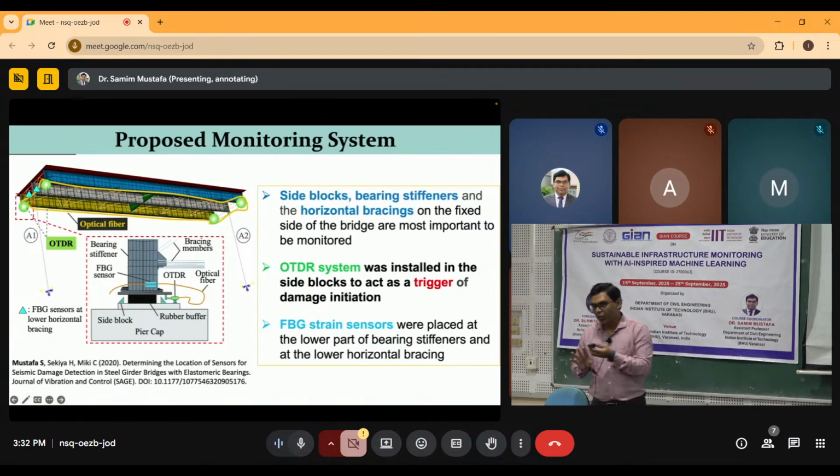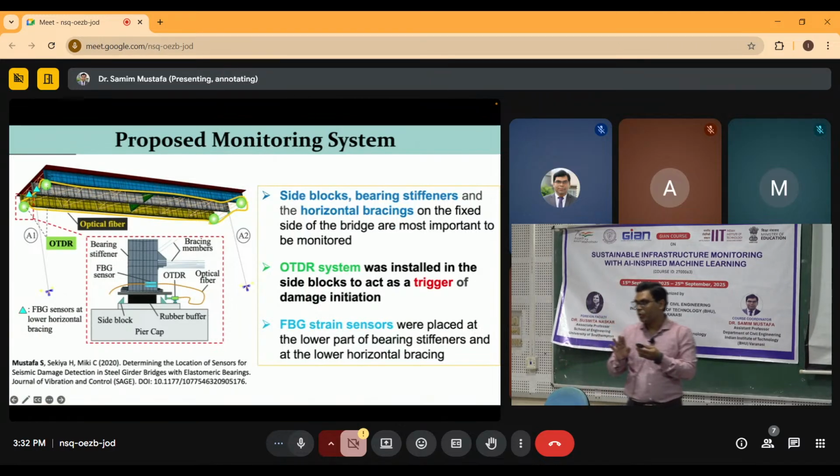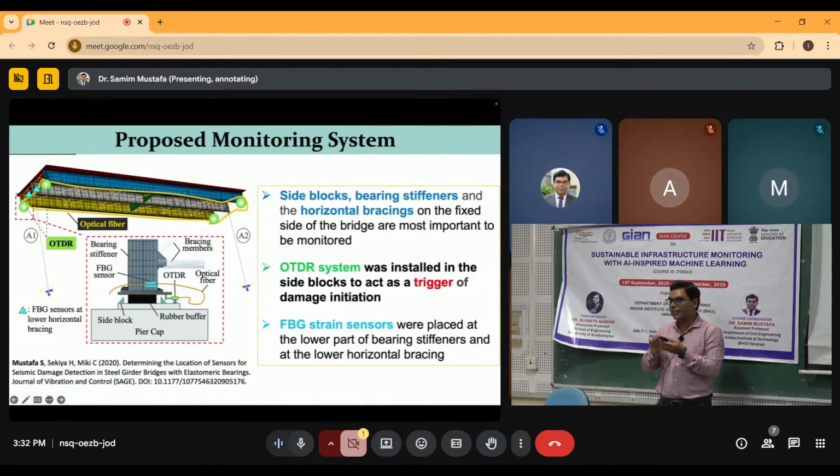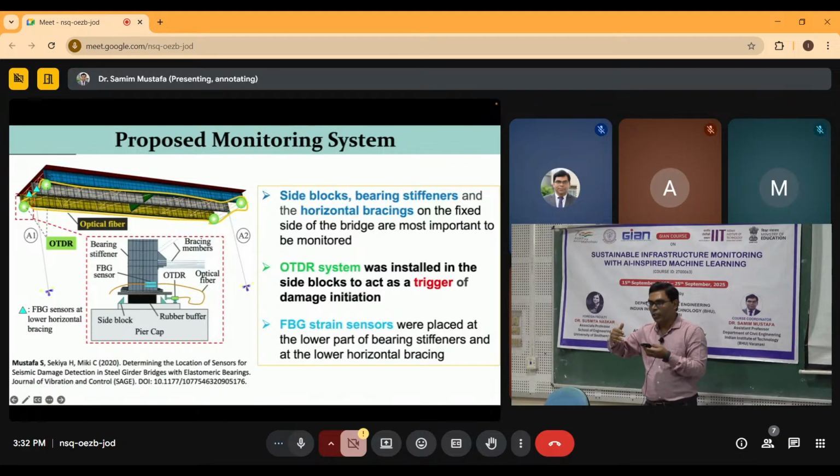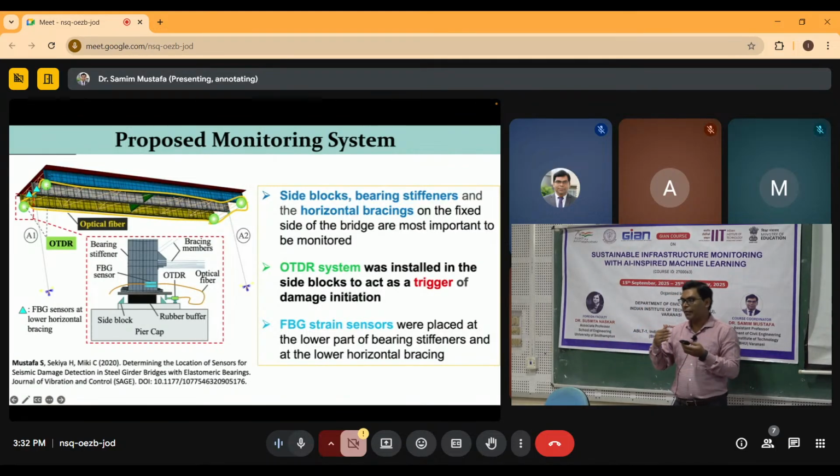At that time we should send our inspection team immediately and stop the movement of vehicles on the bridge.